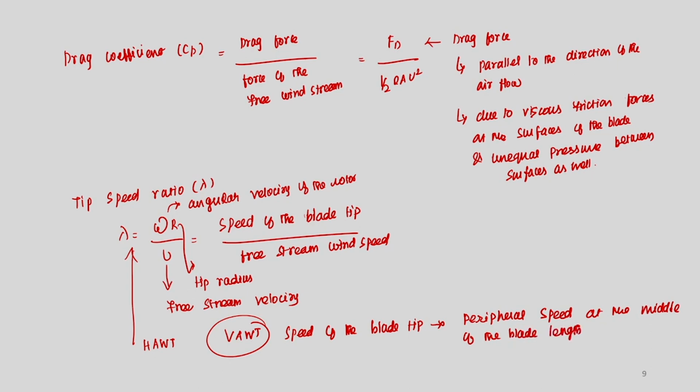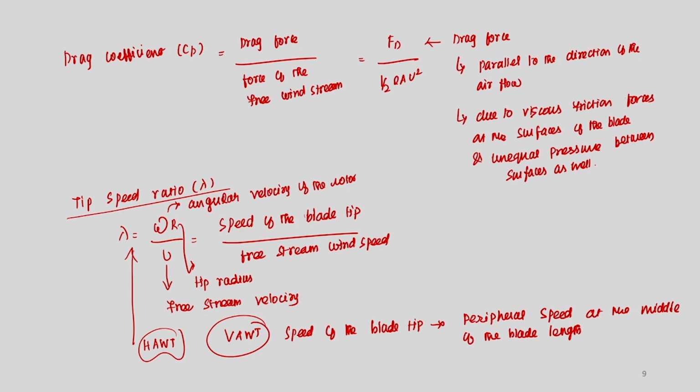Okay, that one should be remembered. Other things you can use irrespective of the type of wind turbine, but when you define tip speed ratio as well as solidity, you need to remember which kind of wind machine you are calculating tip speed ratio and solidity for.